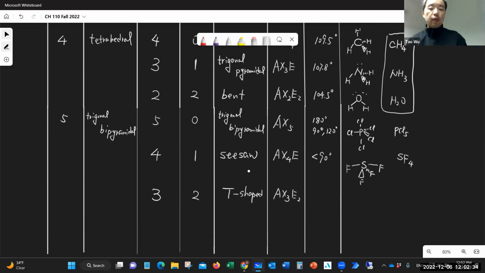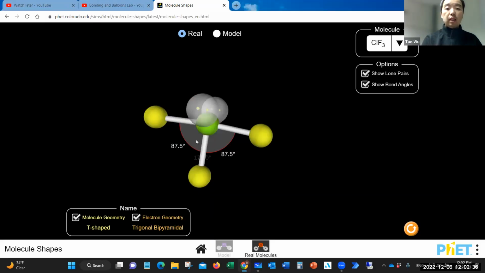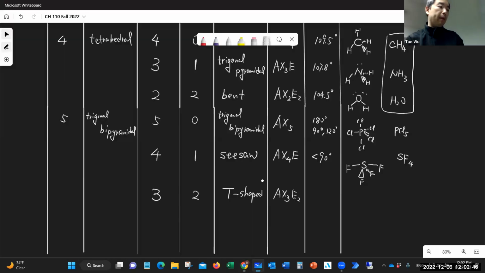And if you look at the bond angle, again this bond angle is still smaller than 90 degrees, but it should be even smaller. I guess probably when we talk about bond angles, they're not going to test those complicated structures.